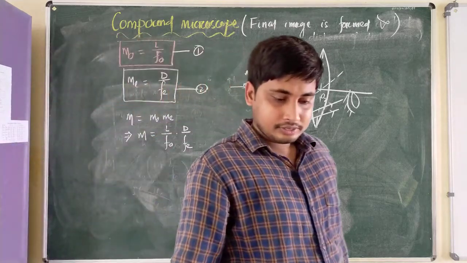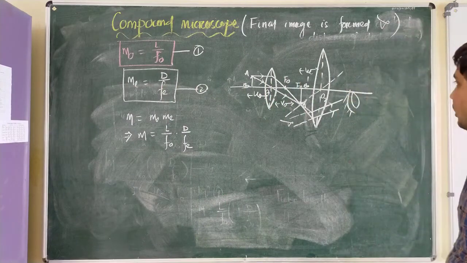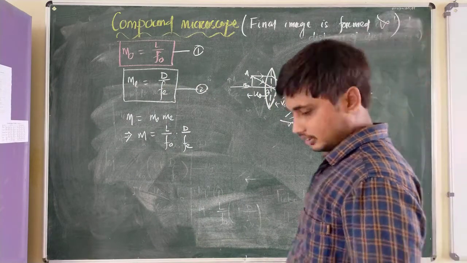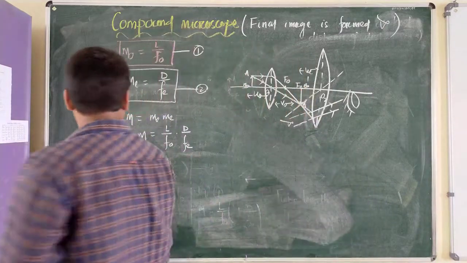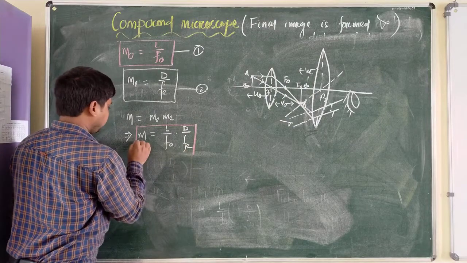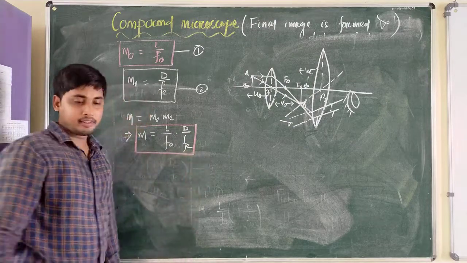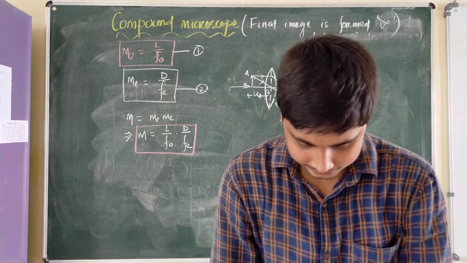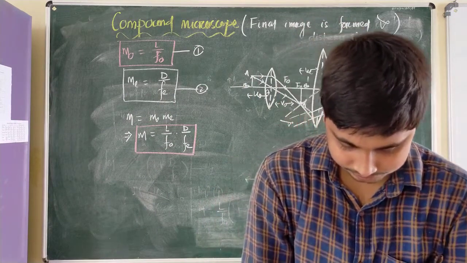So this is the magnification of this compound microscope when the final image is formed at infinity. M is equal to L by F0 into D by FE. Now you will see the tube length.